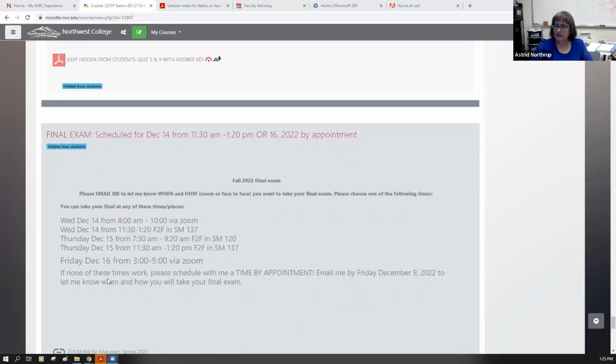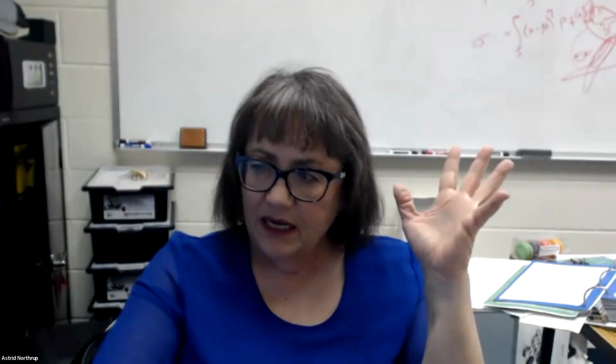Now, this final exam schedule was for last semester, the fall semester. So I'll update this and give you some dates. You can take your final exam during the final exam period for this class, which is scheduled for Wednesday of finals week at 11:30 in the morning, or you can take it in 2 1-hour blocks, or you can take it at another time that you make arrangements with me.